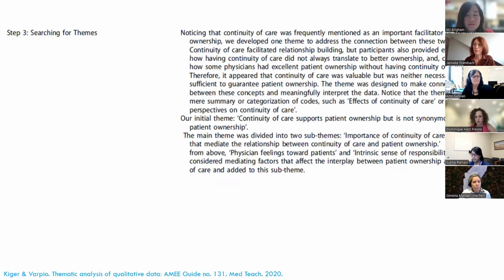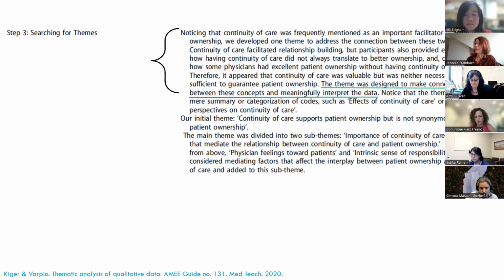Let's move to step 3. Here I think in brackets, the authors kind of explain how they came to a certain theme. So step 3 is searching for themes.